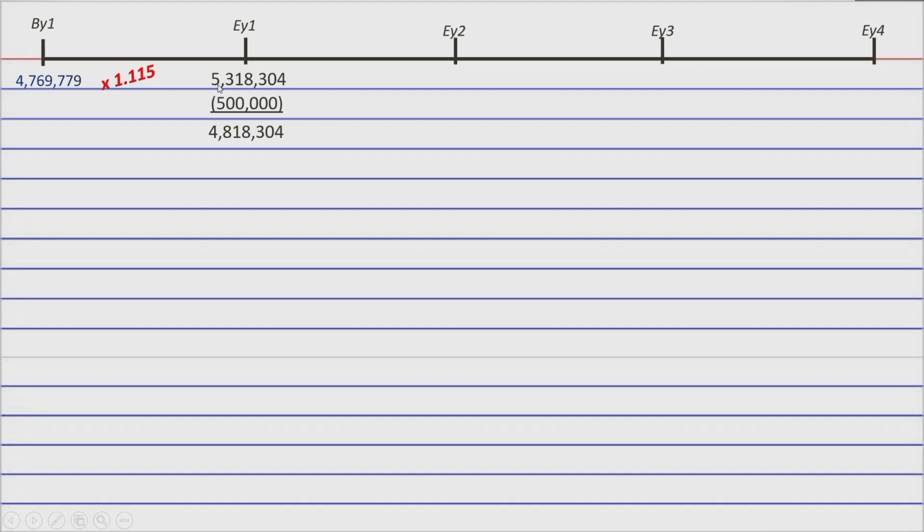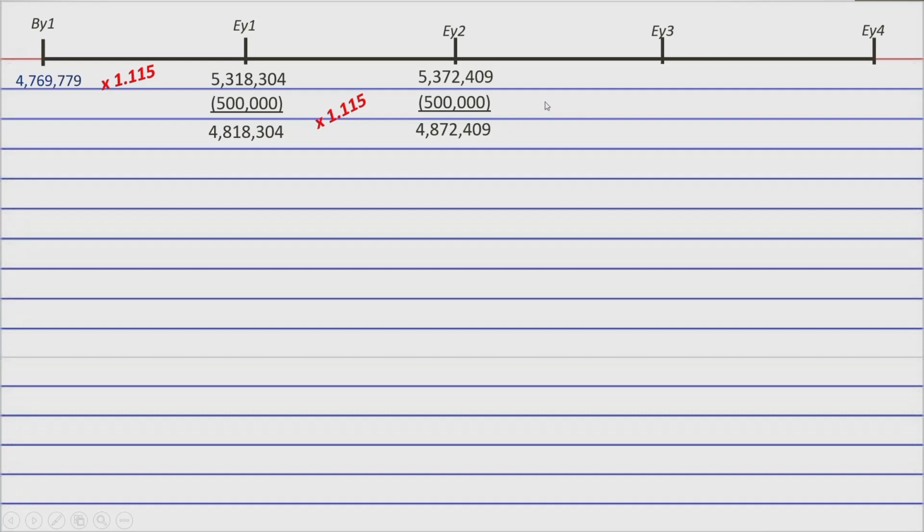And we will get a balance of 5,318,304 minus the first interest payment of the debtor of 500,000, and we will have 4,818,304 times another 1.115, and we have 5,372,409, and minus 500,000 again, and we have 4,872,409 as the balance at the end of year 2.